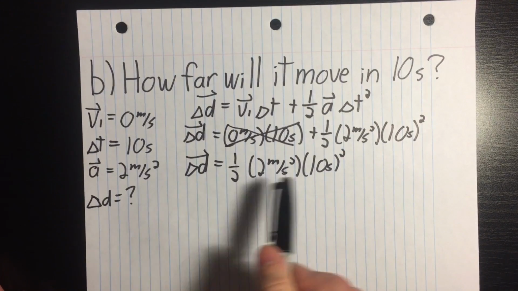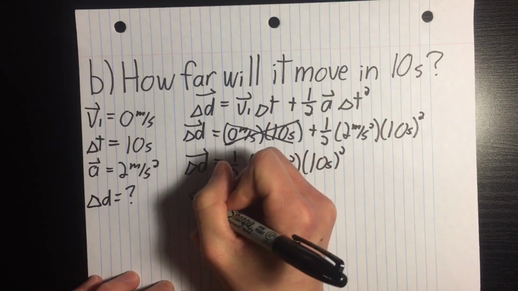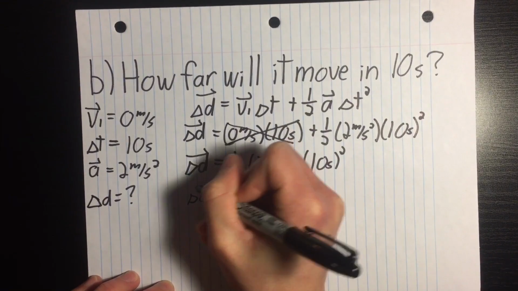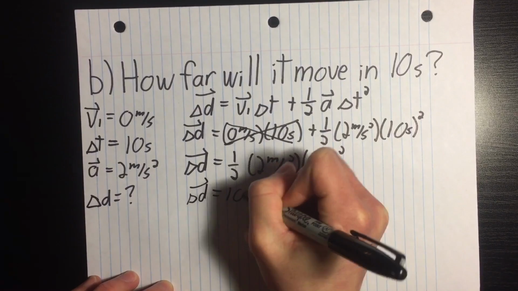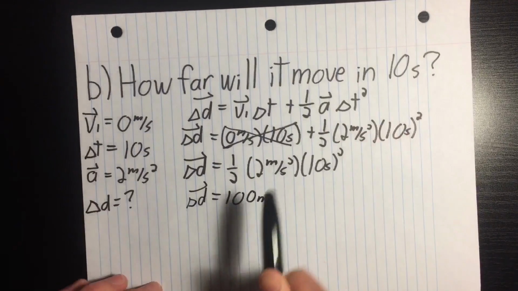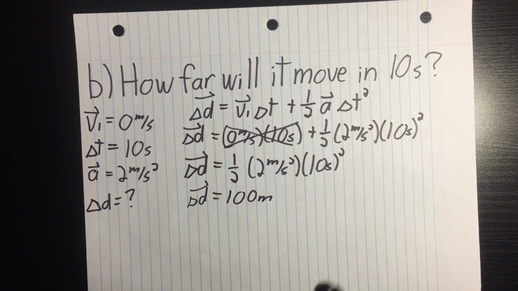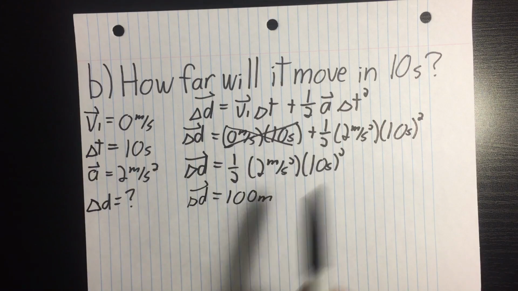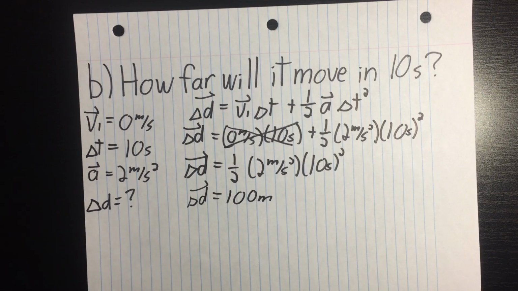And when we multiply this all together, our answer is 100 meters. So the object will move 100 meters in 10 seconds. And that is a question from Newton's second law of motion.